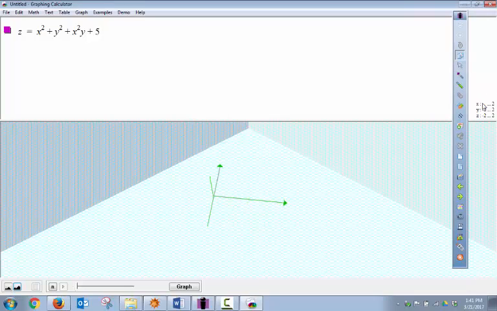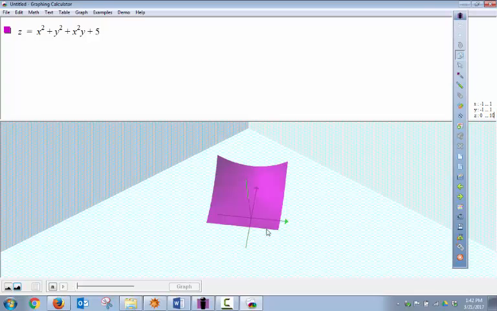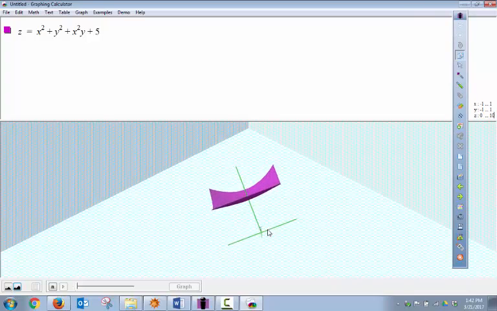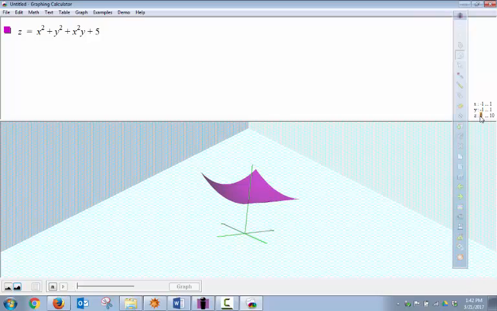It's going to go from -1 to 1. So this is what we're seeing. Let's take it up a little bit. It starts at 5 to 8.